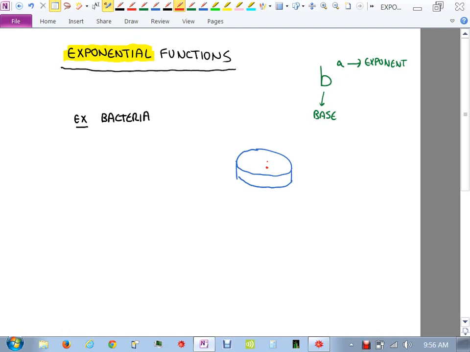So we're going to do this example with the idea of a petri dish, all right? We're going to start out like this. We're going to make a table, right? On the left side of the table, we're going to put the number of days, and then on the right side, the number of bacteria.